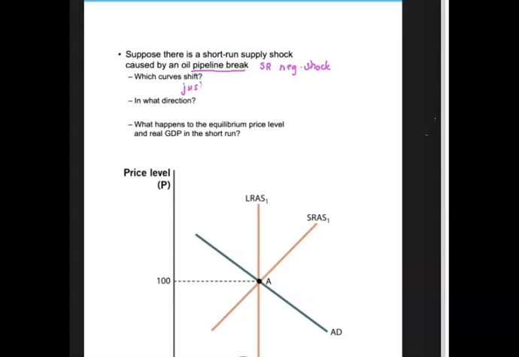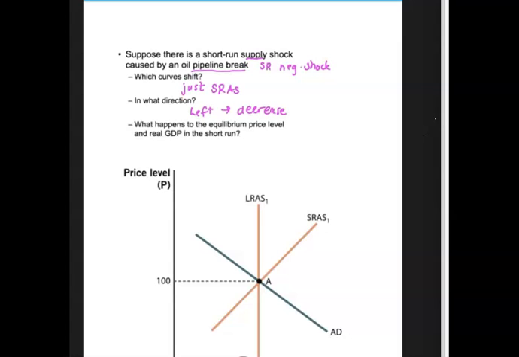It will only affect the short run aggregate supply. It's a supply shock, but a short run one. And which direction will the short run aggregate supply shift? It's going to shift to the left, which means a decrease in the short run aggregate supply.